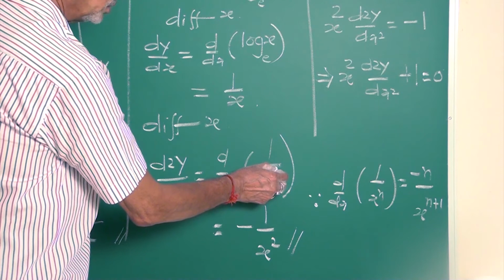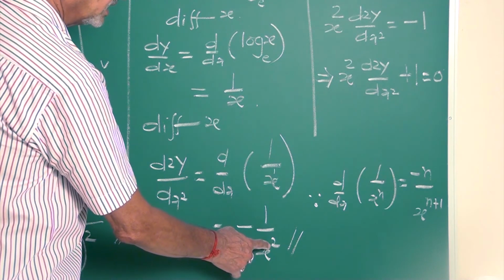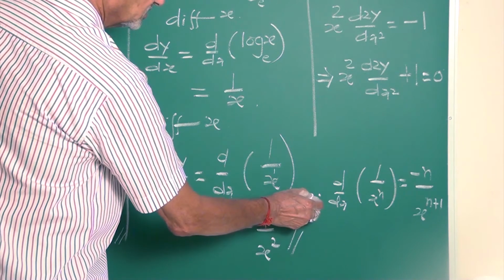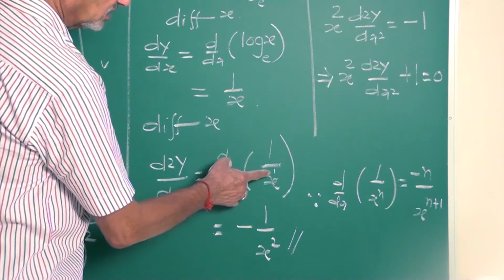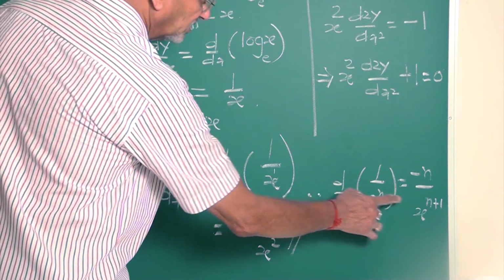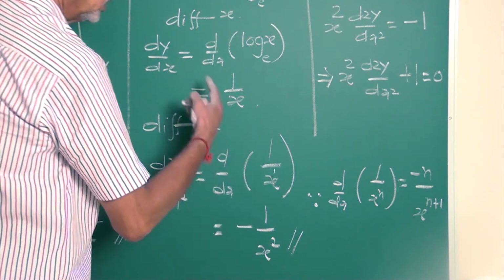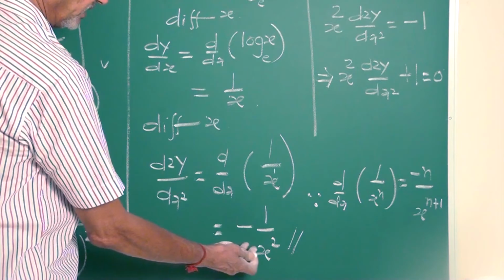The power of x is 1, minus 1 upon x to the power n plus 1. Here 1 plus 1 is 2. If it is n, 1 more. If it is 1, 1 more means 2. Same. Otherwise, again, you would simplify it.